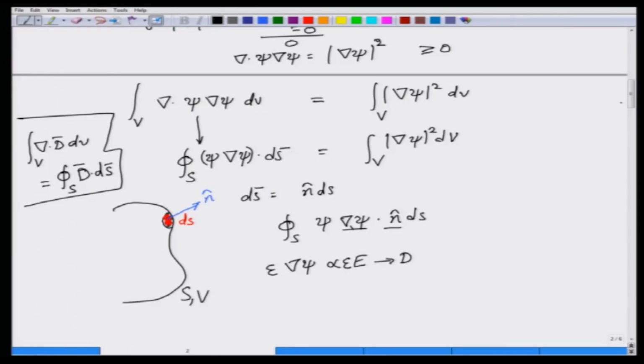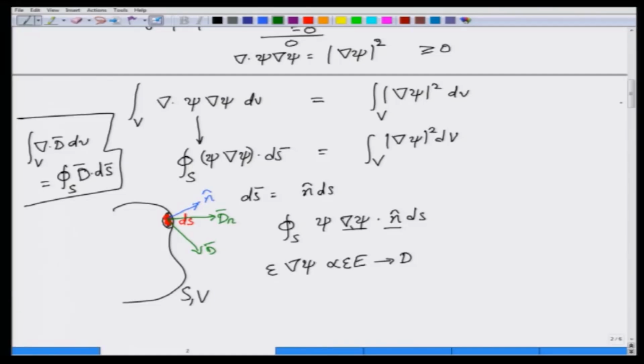Now, the flux density D could be coming out in any direction. So, if this is my flux density D, it could be coming out in any direction on this surface element dS. So, then D dot dS will simply tell me the normal component of the flux density D. So, this del psi dot n is actually the normal component of the flux density that you are looking at, of course, after multiplying by epsilon.